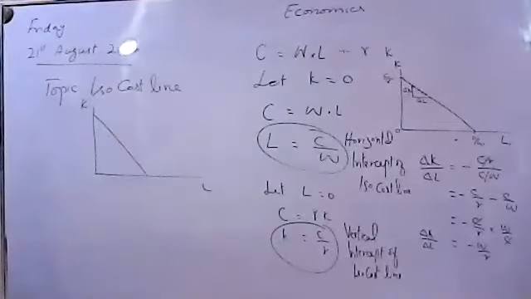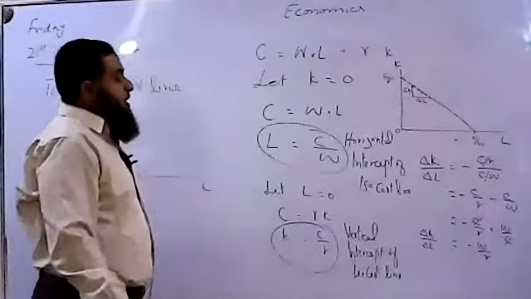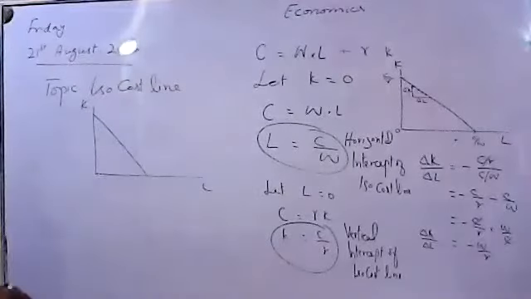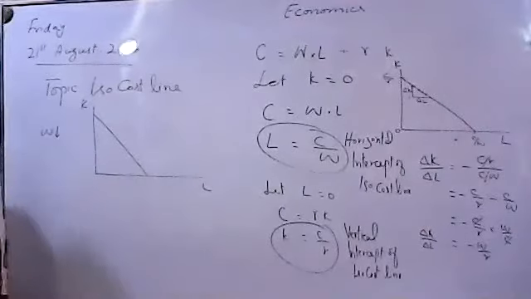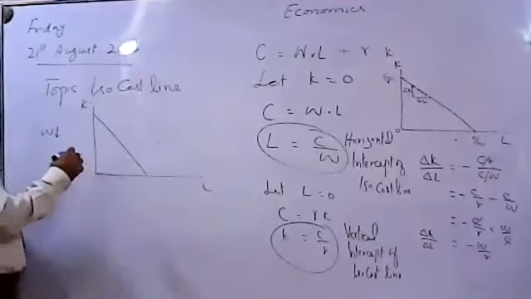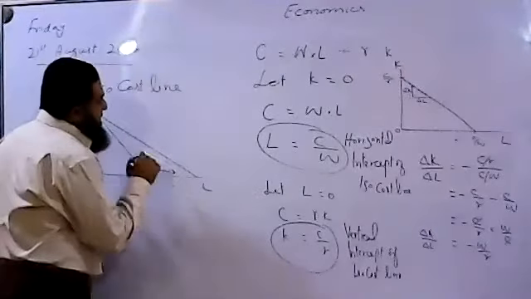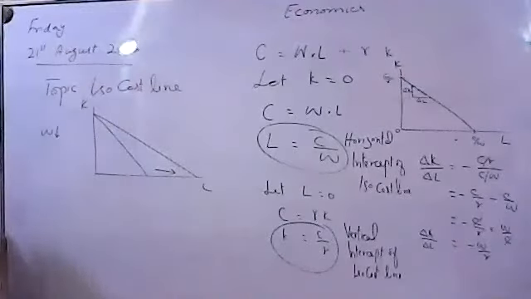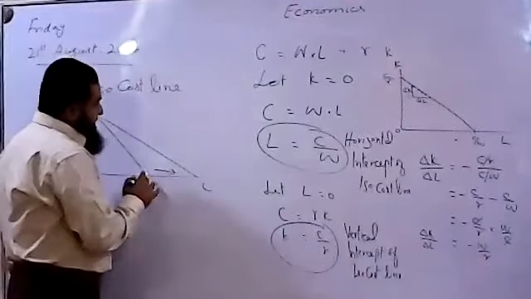This is isocost line. It can be steeper or flatter. It depends upon the relative prices of labor and capital. So if wages are going to fall, what happens? Isocost line will have pivotal rightward shift. Only wages are falling, more workers can be employed.